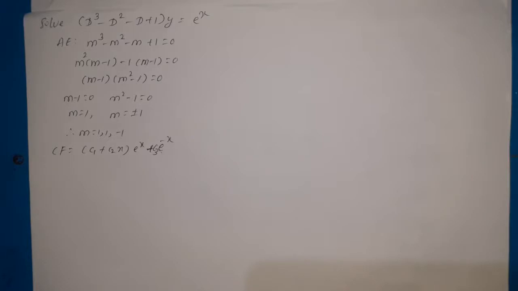While writing the complementary function, we should consider all the roots of the auxiliary equation. If it is a cubic equation, consider the 3 roots, if it is biquadratic 4 roots, if it is quadratic 2 roots.